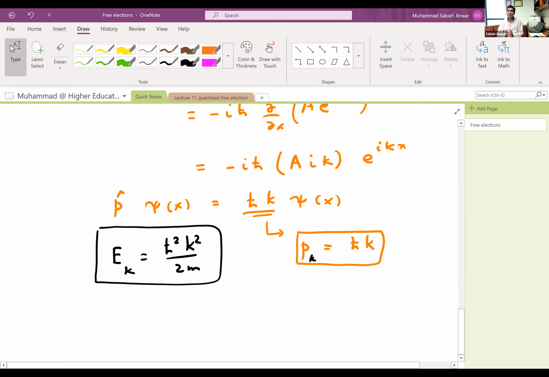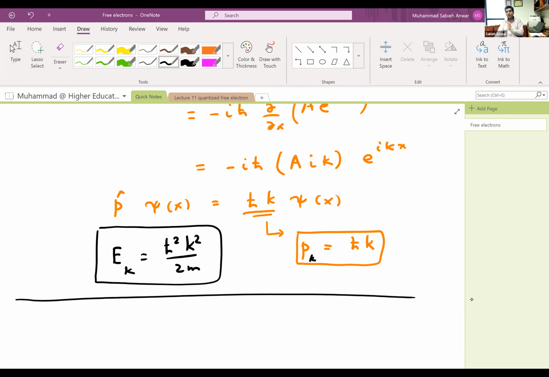But now we've modeled the electron inside a solid as a wave. So we have a wave solution, and we also come up with the momentum and the energy for a wave. And this is just the Schrodinger equation applied to a free particle living inside a constant uniform potential.